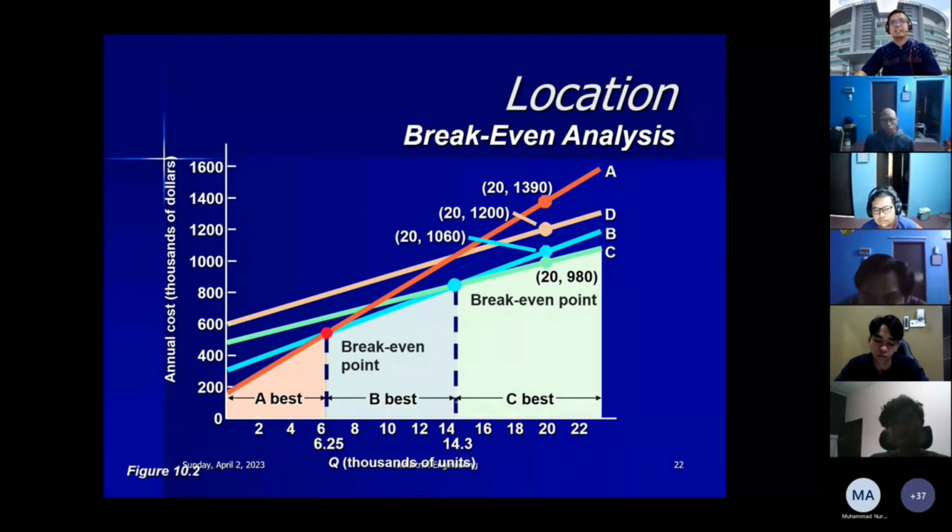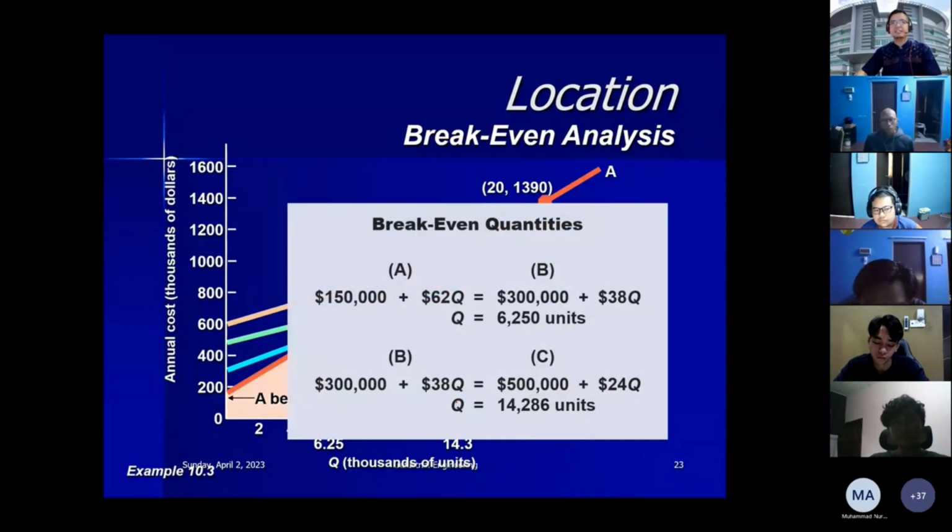In order to prove that our answer based on our plotted graph is correct or not, we can also do the calculation using the linear trend equations. For example, line A equals line B, because it is the intersection of line A and line B. So we put in our formula, TC equals VC plus FC times Q, and then we find the Q value.